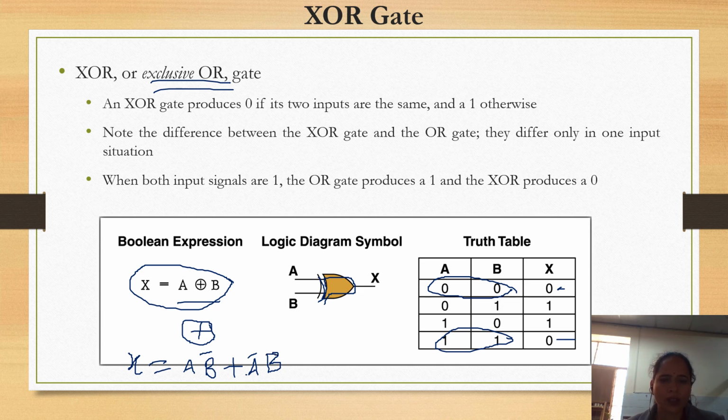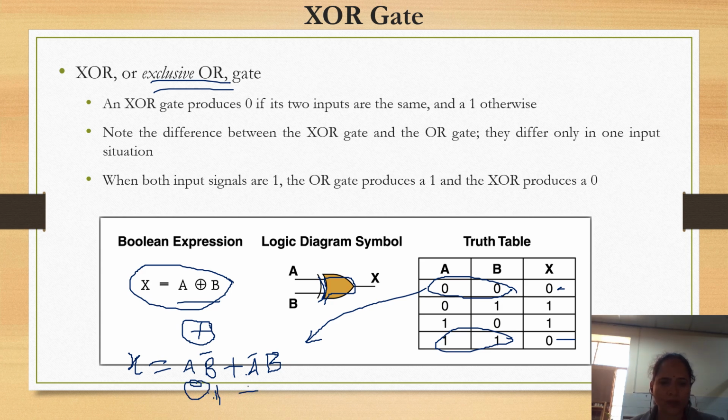So in the first situation, A is 0 and B is 0. Now in this situation, we just inverted A, 0 becomes 1. So for the first situation, the input A is 0 and B is also 0, and its complement is 1. The dot operation is here.